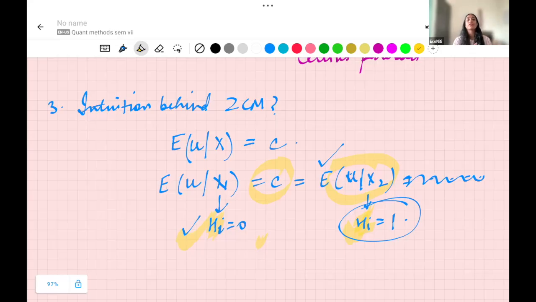This is ceteris paribus. ठीक है, इसका ये है इंट्यूशन जो हमारा स्टार assumption है उसके पीछे.